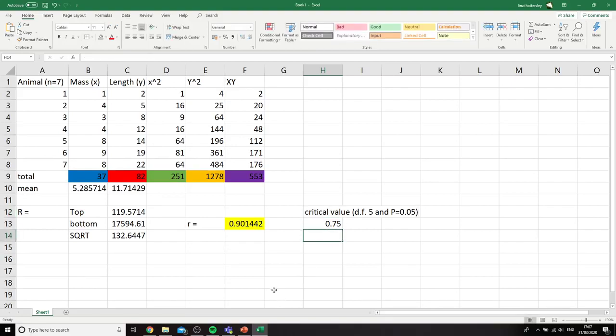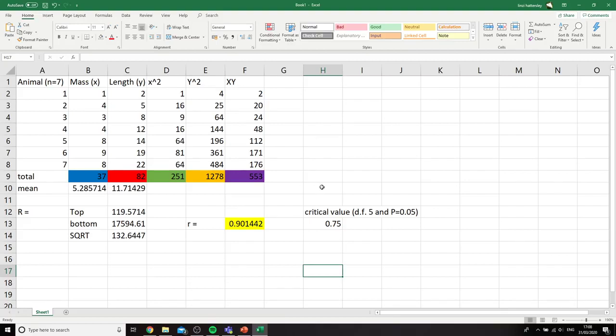So, does our value exceed the critical value? Yes, it does. So therefore, we reject the null hypothesis. We can conclude that there is a significant positive correlation between the length of an animal and its body mass. In simple terms, a long tail is associated with a larger body mass.